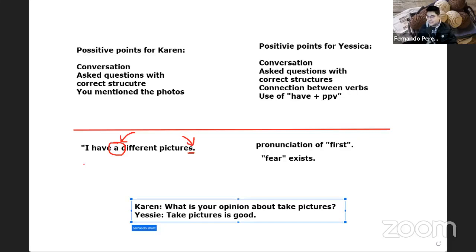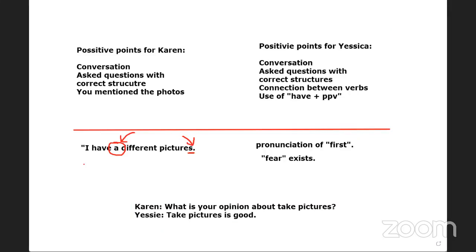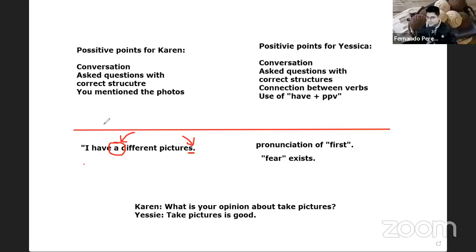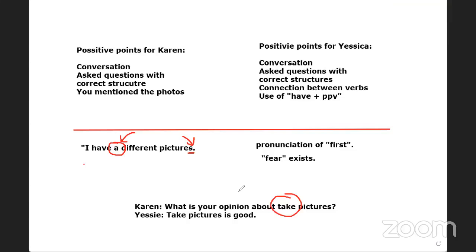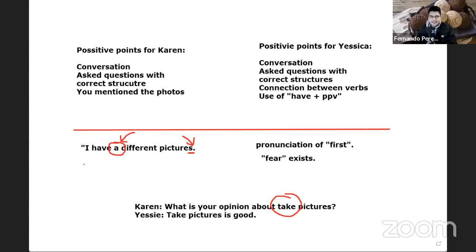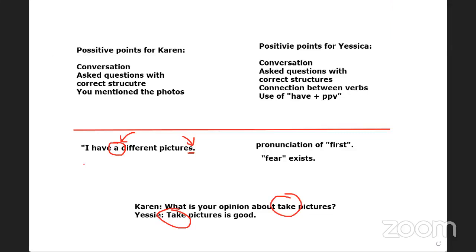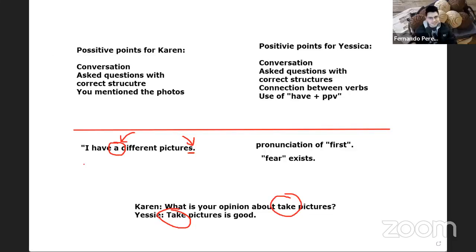How do you talk about activities? Taking. Exactly. So, what is your opinion about taking pictures and going around the city? Going, walking, because you're talking about hobbies. And then, Jesse, you needed to respond, I think taking pictures is good. This is considered an A2 ability.